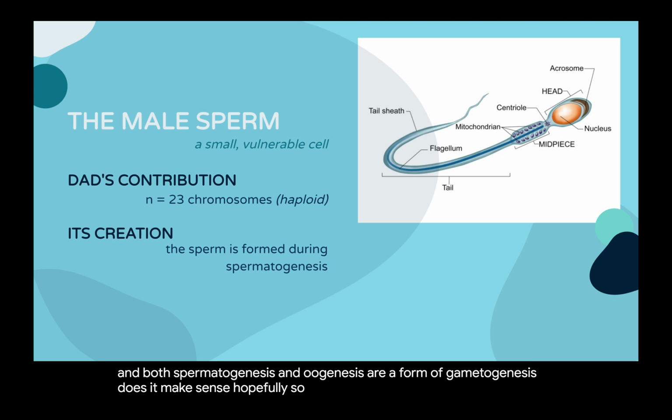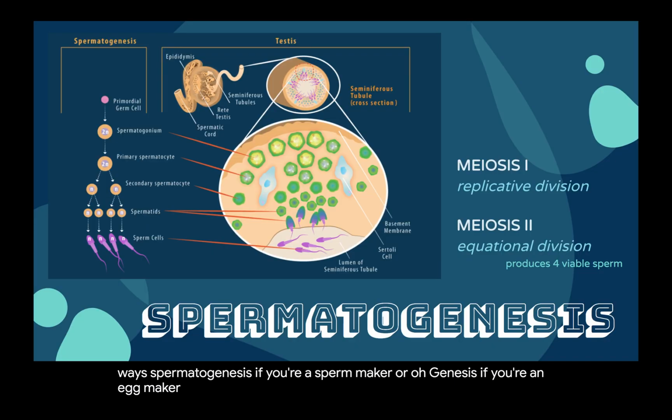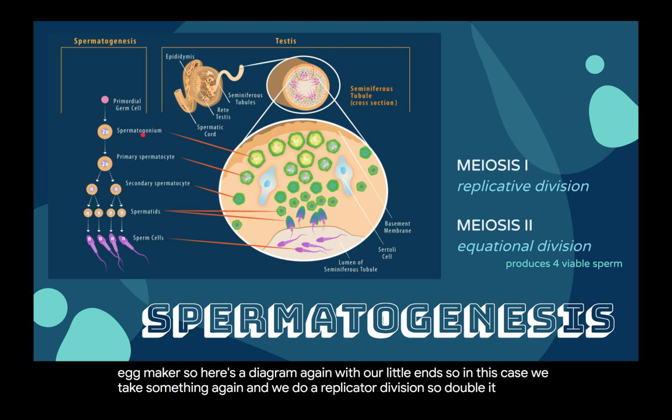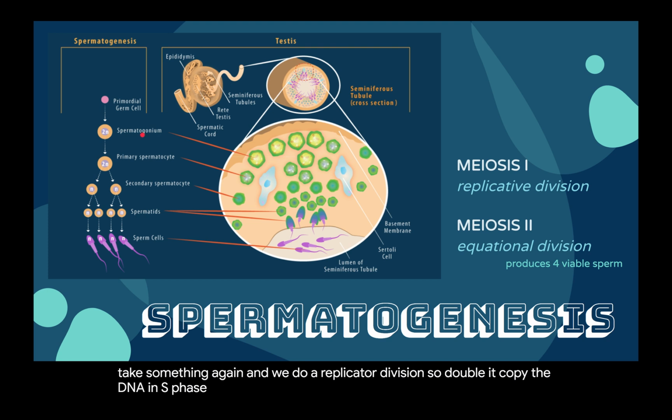Hopefully. So you can do gametogenesis 2 ways. Spermatogenesis if you're a sperm maker, or oogenesis if you're an egg maker. So here's a diagram, again, with our little ends. In this case, we take something, again, and we do a replicative division. So double it, copy the DNA in S phase, divide it in half, and then divide it in half again.